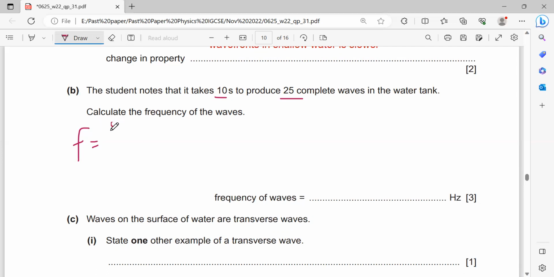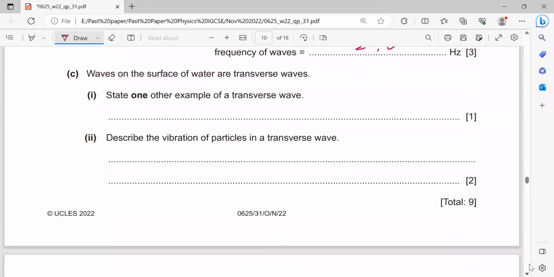So it's going to be 25 over 10, and it's going to be 2.5. That's the answer, 2.5.